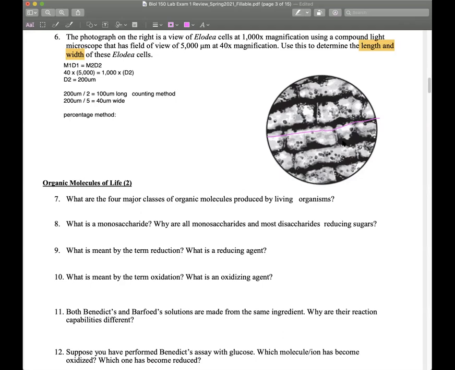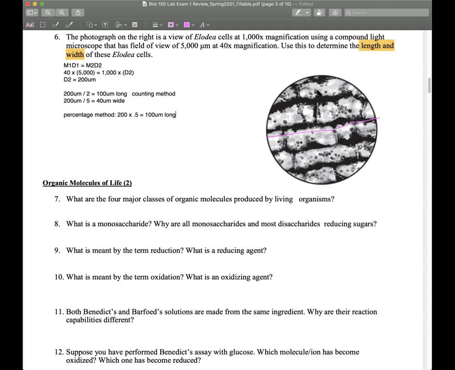I guess in this case for width, we could say this one cell takes up about 50% of the total diameter, right? So that would be 200 times 0.5, which again would give us the same estimation, 100 micrometers long.